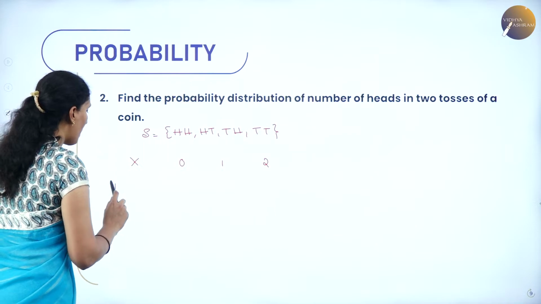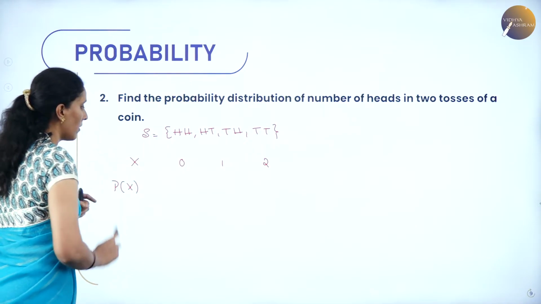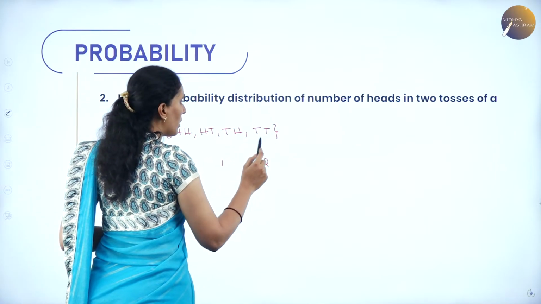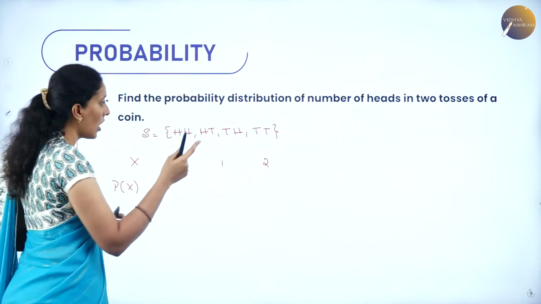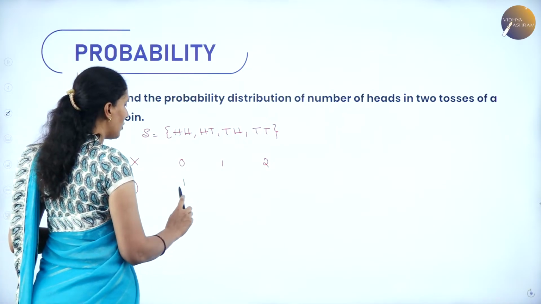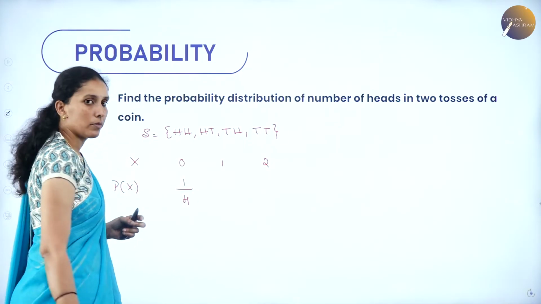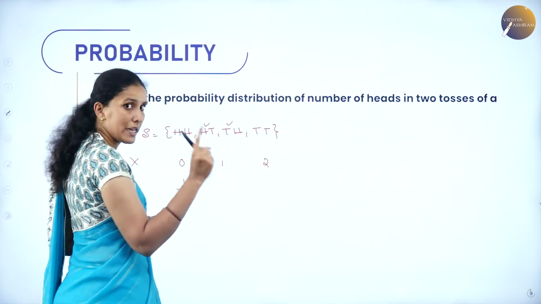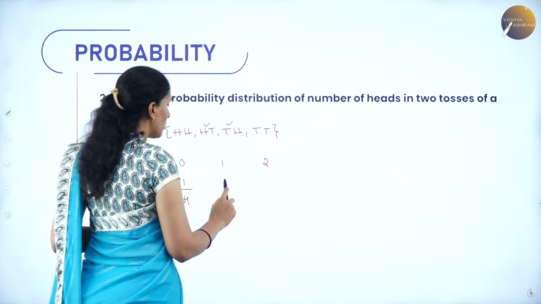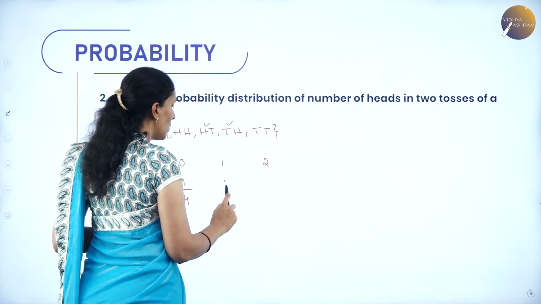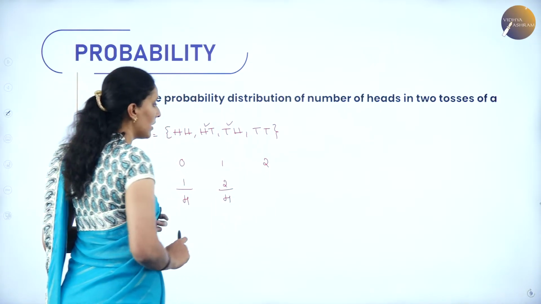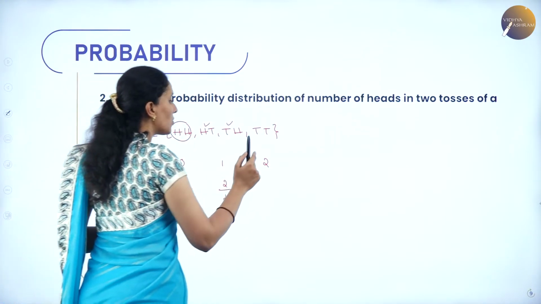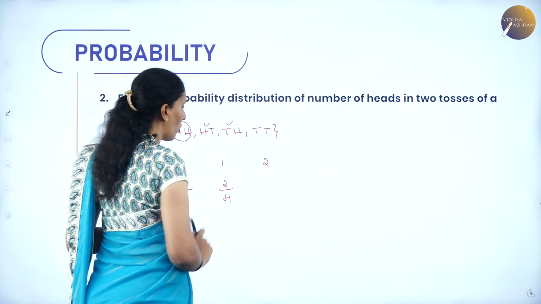So what is the probability value here? For 0, we have only one outcome where there are no heads out of 4 outcomes. Hence the probability is 1 by 4. Next, we have 2 outcomes where there is only one head out of 4. Therefore the probability is 2 divided by 4. Next, we have one outcome which contains 2 heads out of 4 outcomes.